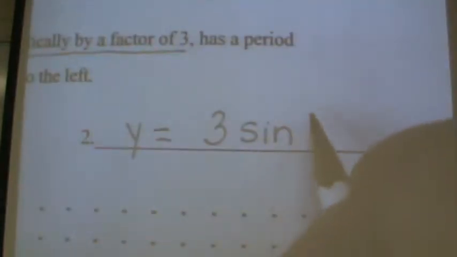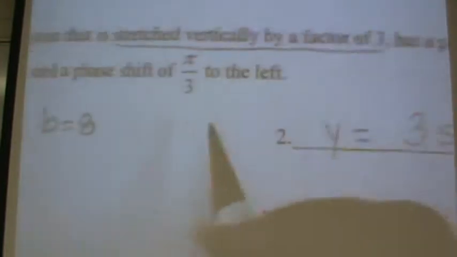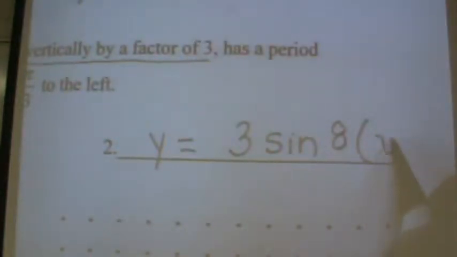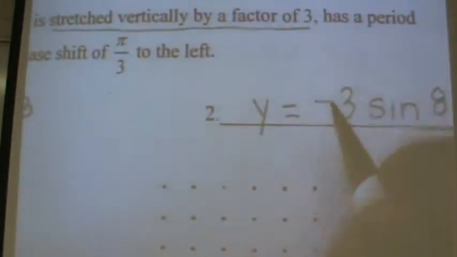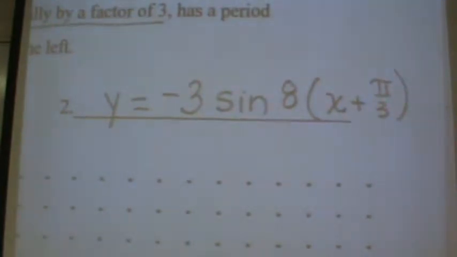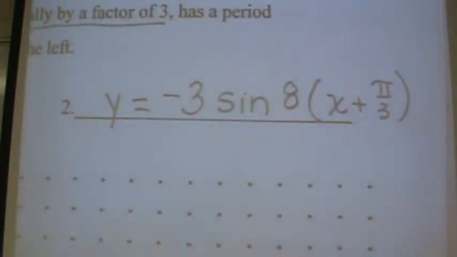So you need to have an 8 right here, parenthesis, and it's a phase shift of pi over 3 to the left, so it's x plus pi over 3. And it was also a reflection over the x-axis, so you have to have a negative here. 5 points for that. Make sure tomorrow you make a complete equation, y equals.